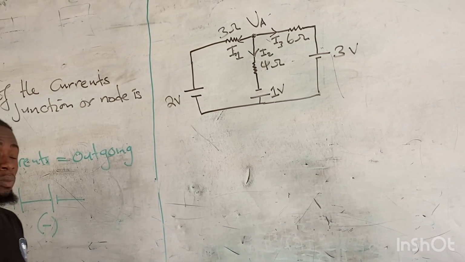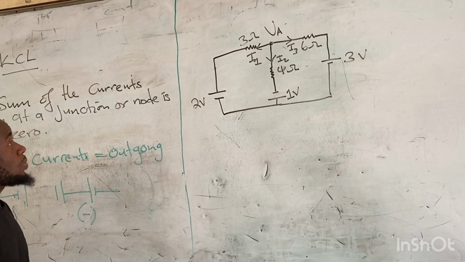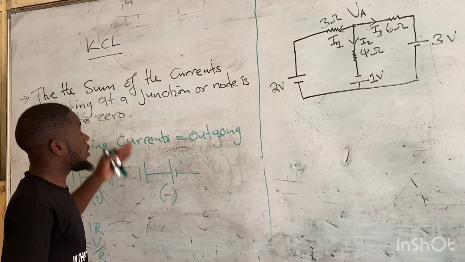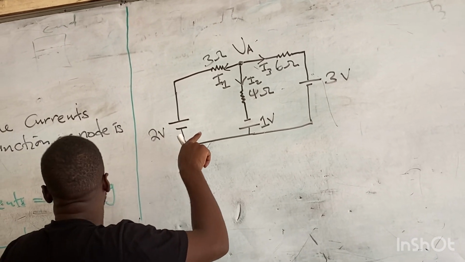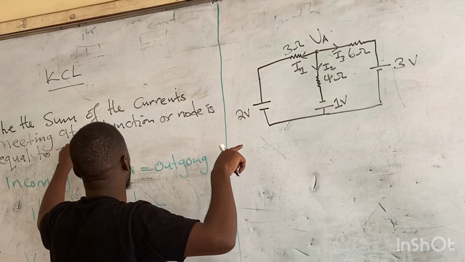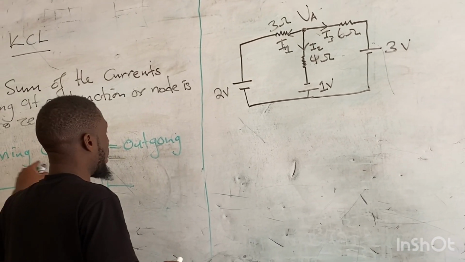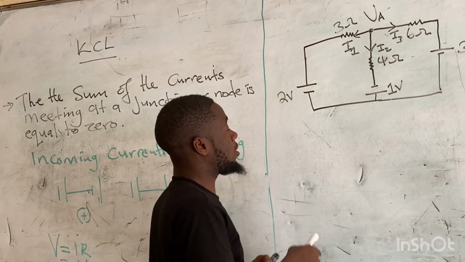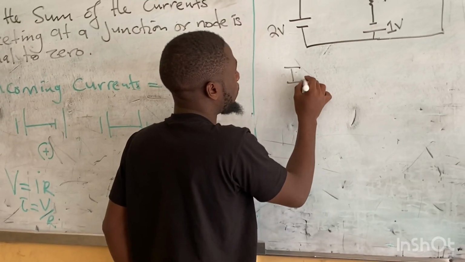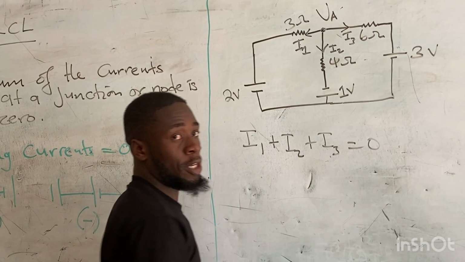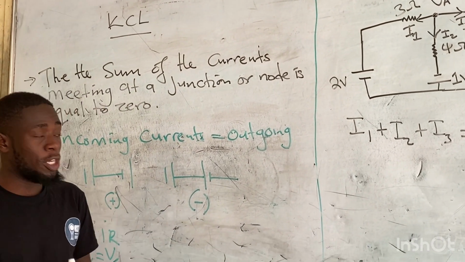According to Kirchhoff's current law, the sum of the currents meeting at a junction or node is equal to 0. Because they are all leaving, I1 plus I2 plus I3 should give us 0.